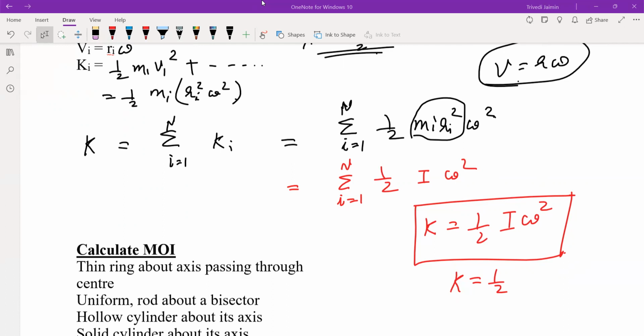Translatory motion means the standard formulas we derived, like in work, power, energy. That is half mv square, the normal form. Translatory means linear motion, whatever we derived for that. Rotational means whatever angular comes, circular, angular, like that. Those things come under rotational motion.